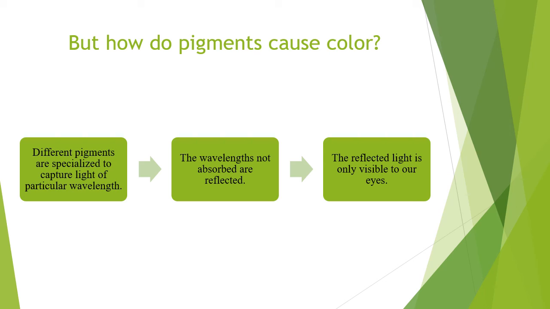The wavelengths that are not absorbed are reflected, and the reflected rays are what is visible to our eyes. Chlorophyll absorbs mainly in the range of blue light and red light, but it reflects the green part, which means green light is not absorbed by chlorophyll, and that is why chlorophyll helps us see the leaves or plants as green.